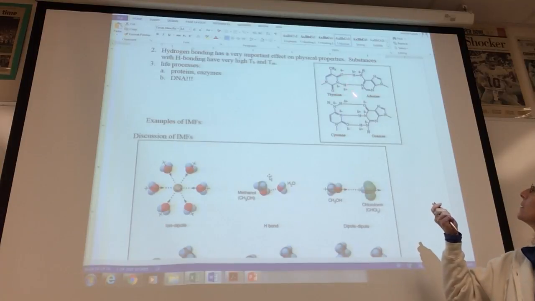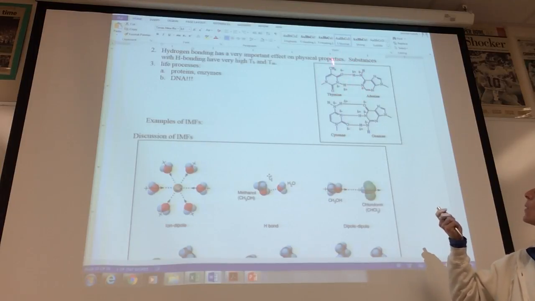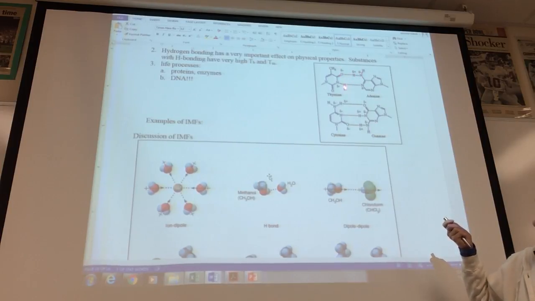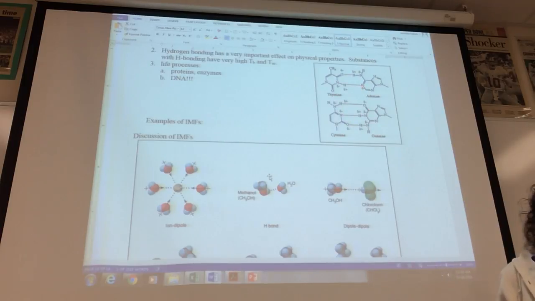An A to T base pair would melt at a lower temperature because it's only linked via 2 hydrogen bonds. You'll also note that this H is attached to the electronegative N, and it hydrogen bonds with the electronegative O. This H is covalently bonded to the electronegative N, and it hydrogen bonds with the electronegative N, and you see more of it here.